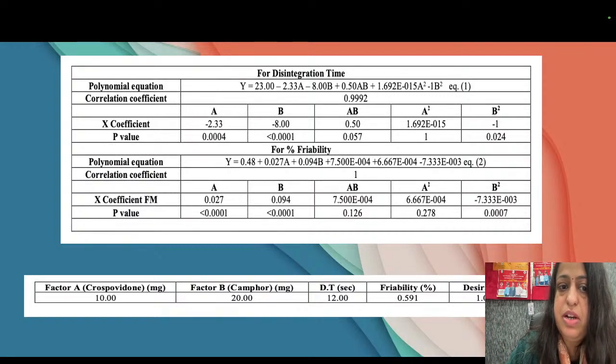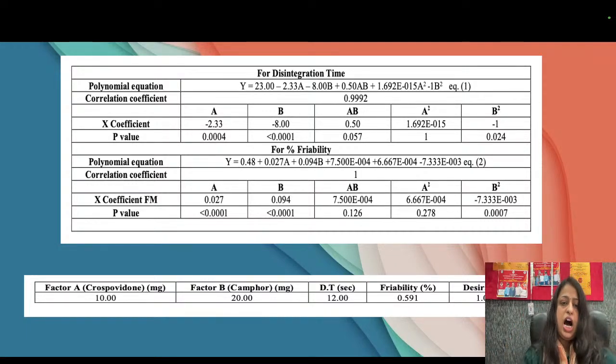So our experimental results are in compliance with the ANOVA results given by the factorial design. After analyzing this, the factorial design has given us this predicted formula which is given below.